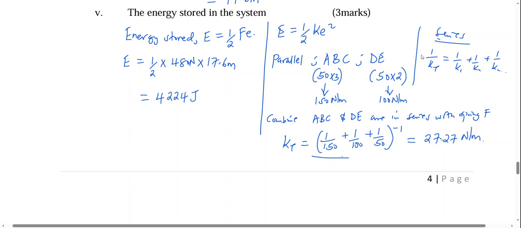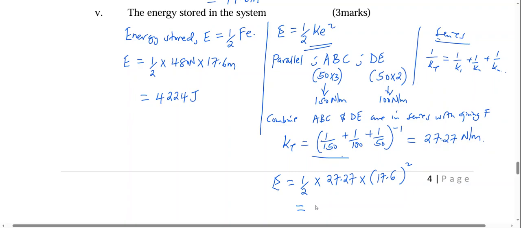Now applying the formula above, the energy stored E is equals to a half multiplied by the total spring constant 27.27, multiplied by the total extension squared, which is 17.6 squared.